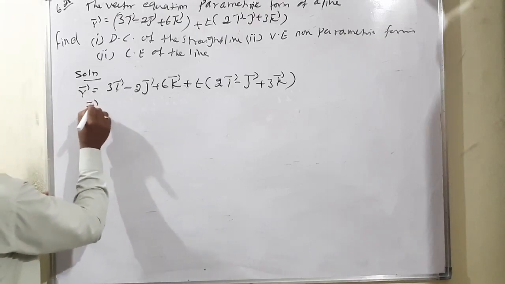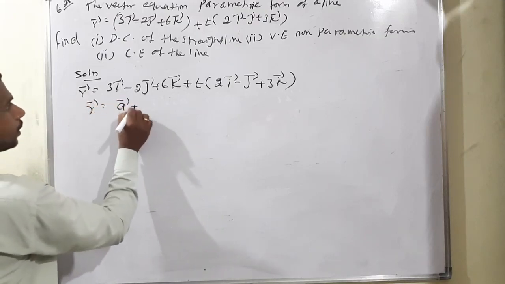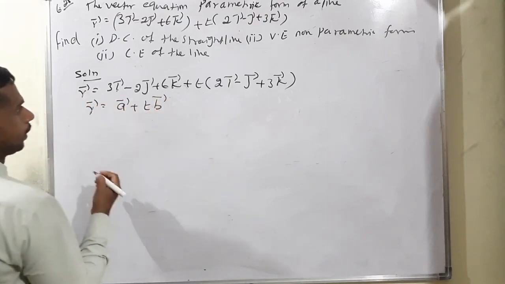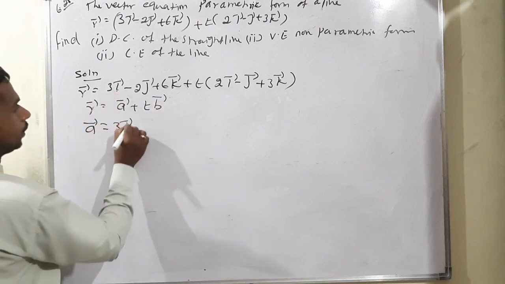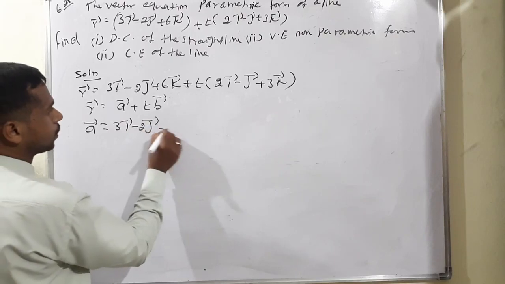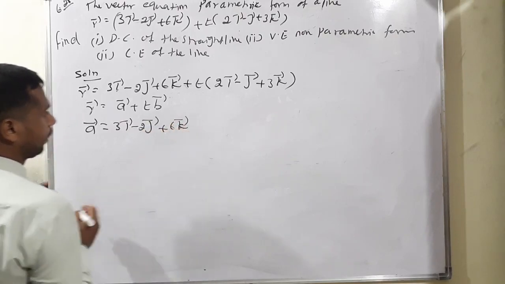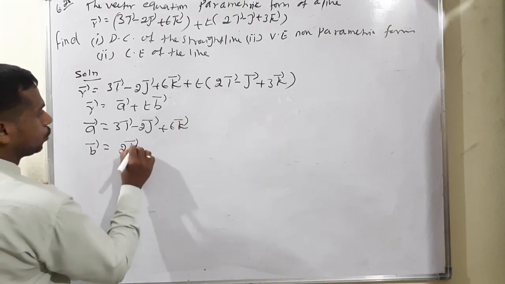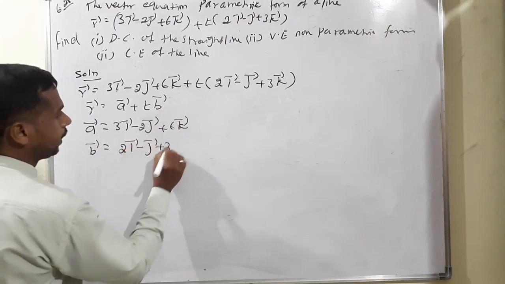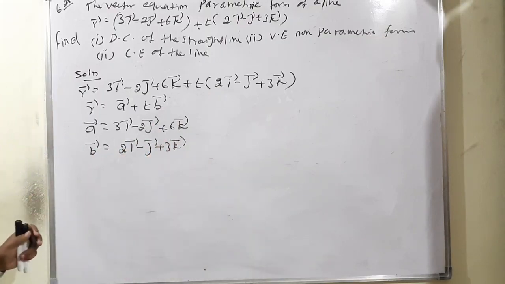This is of the form R vector equals a vector plus t b vector. Therefore, a vector is 3i vector minus 2j vector plus 6k vector, and b vector is 2i vector minus j vector plus 3k vector.